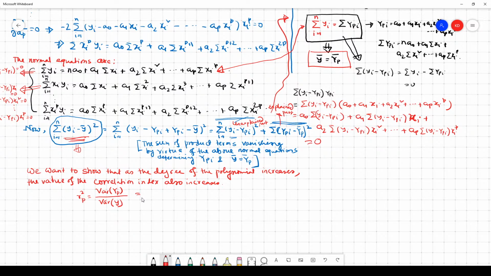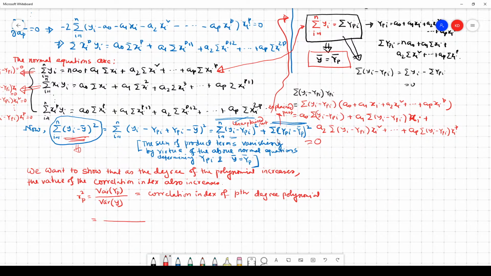So this is a correlation index of pth degree polynomial, and this is nothing but the variance of capital Yp, that means the explained part.